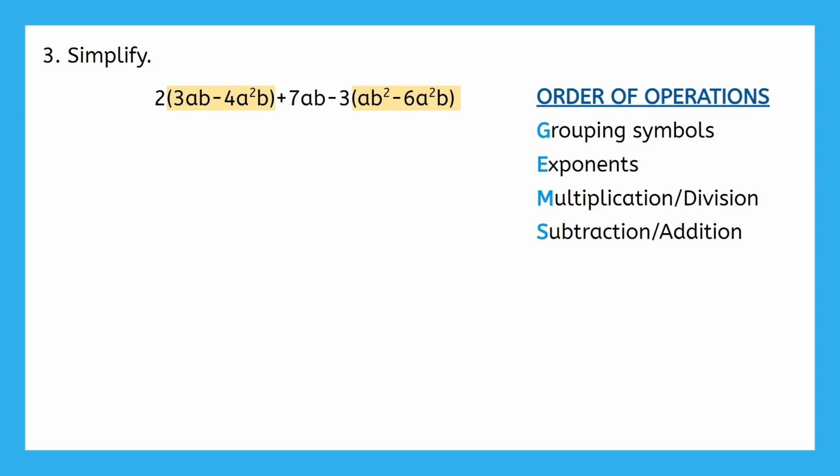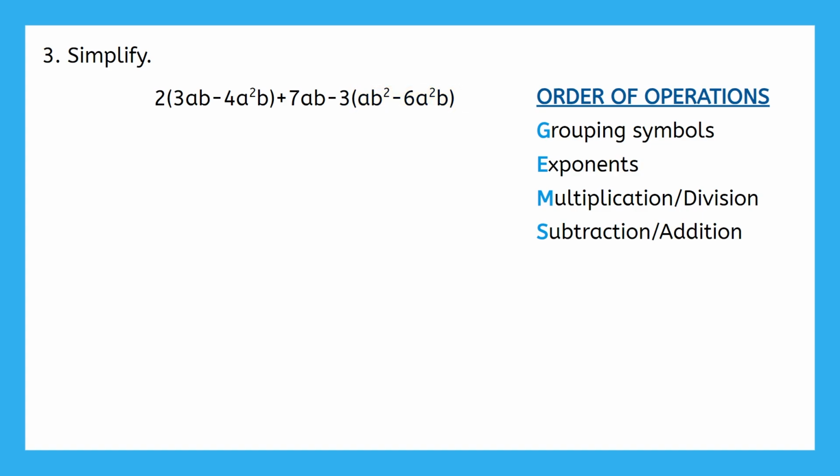Remember that like terms have to have the same variables with all of the same exponents. In our first grouping, we have one term with ab and one term with a squared b. So these are not like terms. In the second grouping, we have one term with ab squared and one with a squared b. So those aren't like terms either. That means there's nothing to do in my groupings.